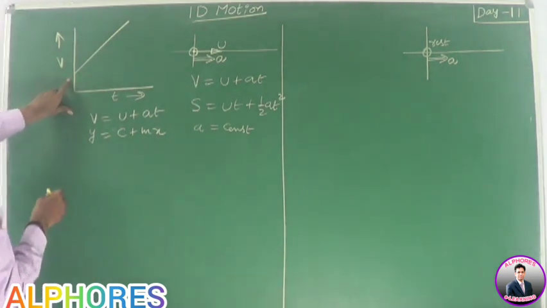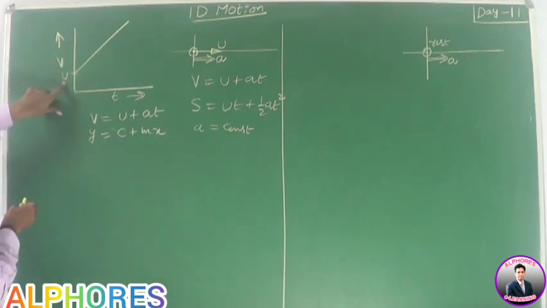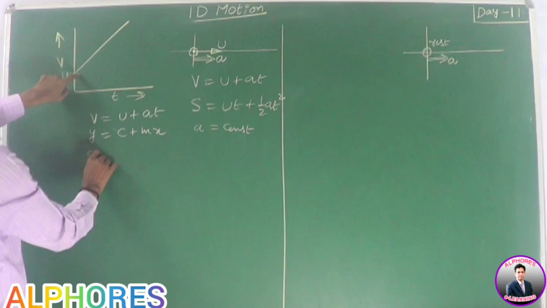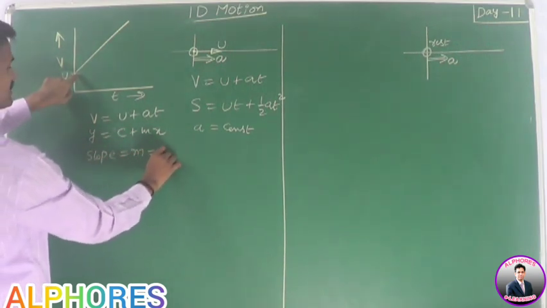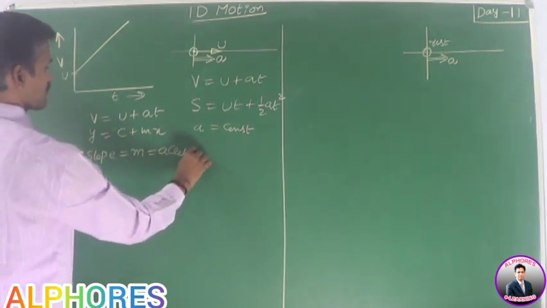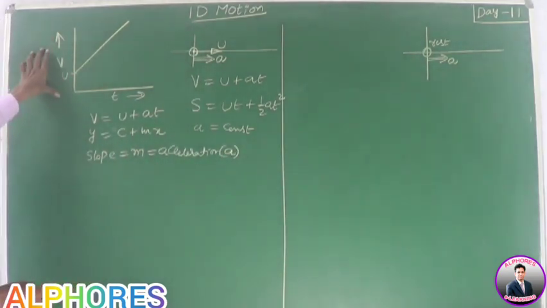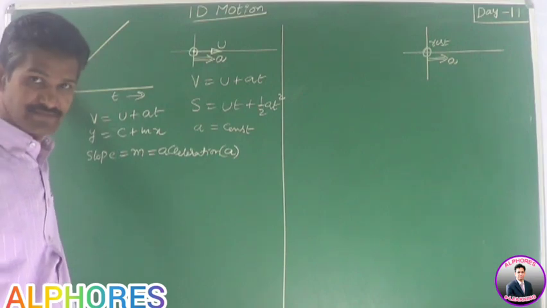The y-intercept gives the initial velocity of the body, and the slope of this line, slope m, gives the acceleration a. This is the graph for v equal to u plus at.